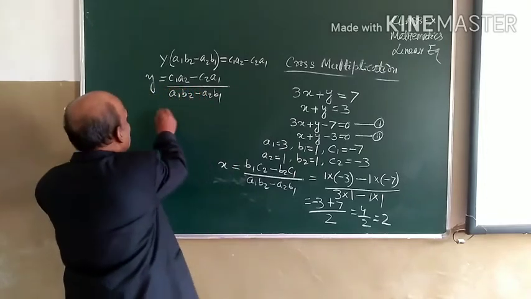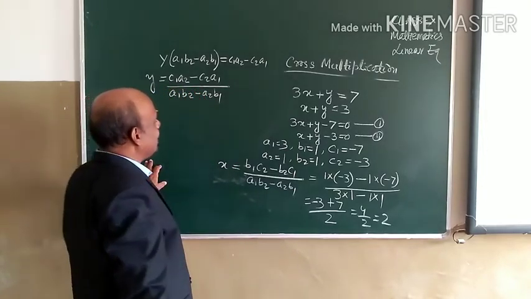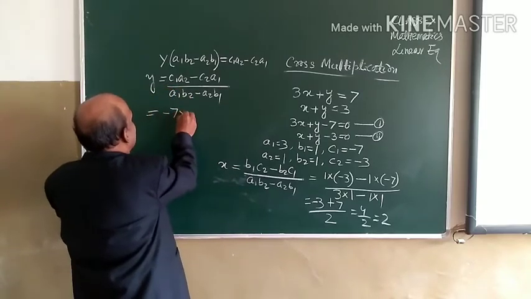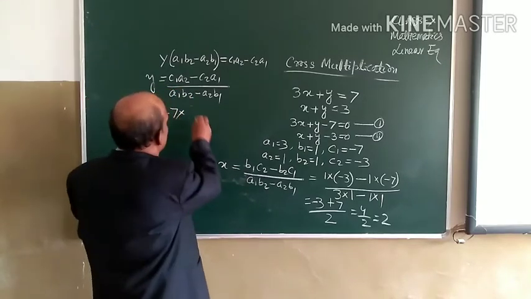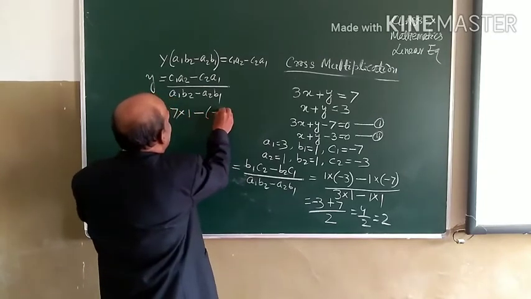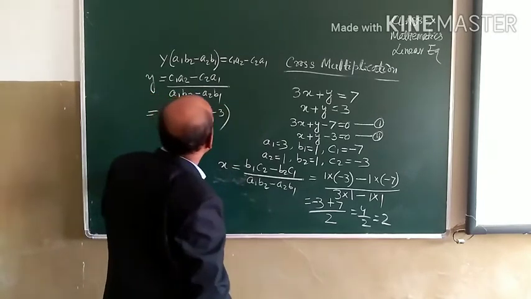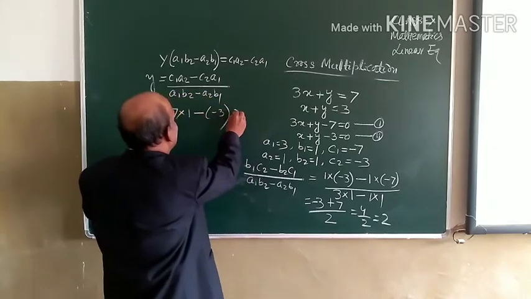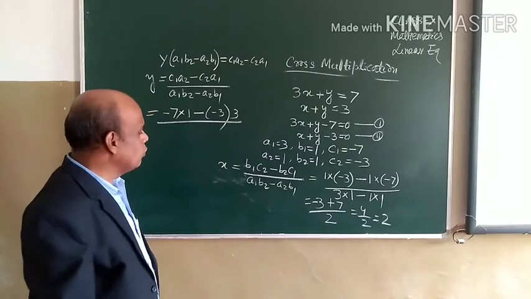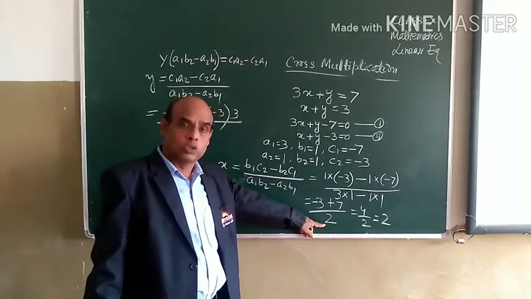Similarly, for the y value: c1 a2, c1 means minus 7, into a2, that is 1, minus c2, that is minus 3, into a1, that is 3, divided by a1 b2 minus a2 b1. Already we got that, it is 2.